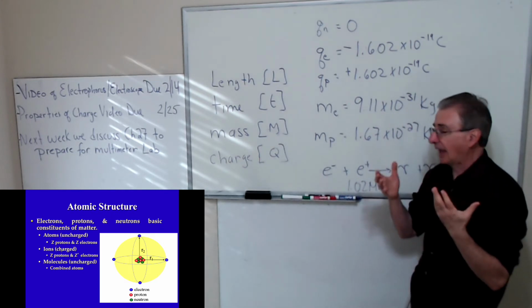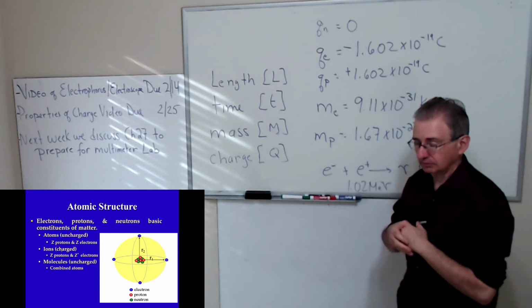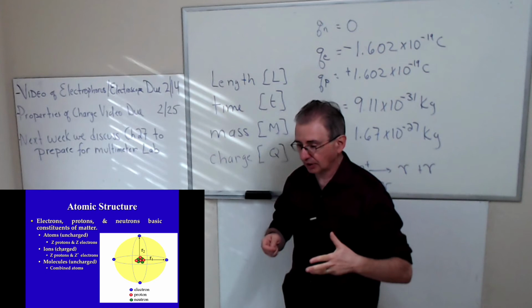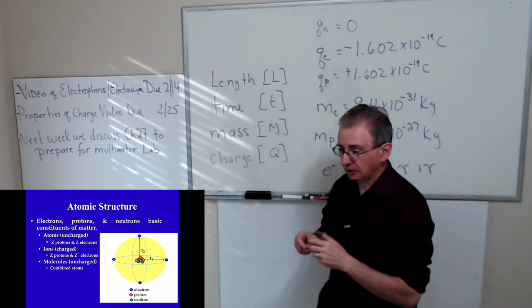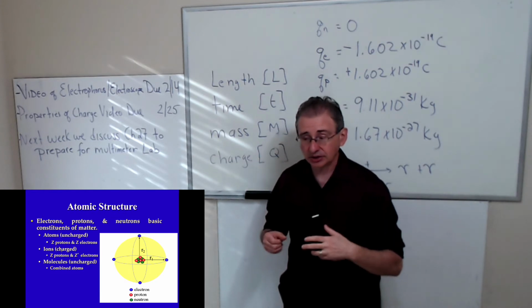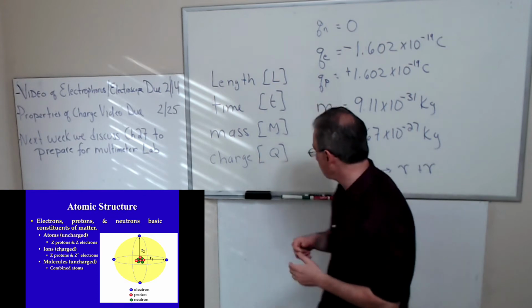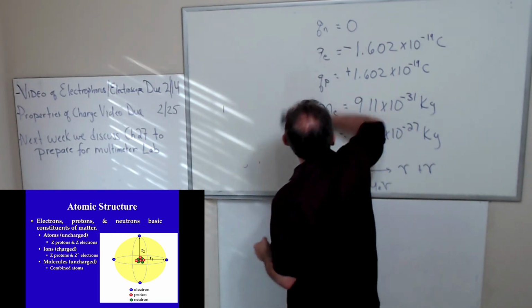So let me start with an atom. A neutral atom has the same number of protons as electrons. And I'm going to use the letter Z to denote the number of protons and electrons in an atom. So for example, the hydrogen atom has 1 proton and 1 electron.